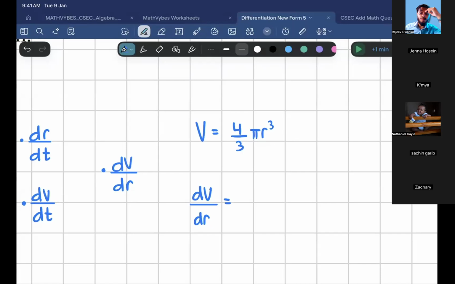Remember, when you differentiate, you multiply by the power. So it would be 3 times 4/3 pi r squared. What's 3 times 4 over 3? That would be 4. So that'll be 4 pi r squared.